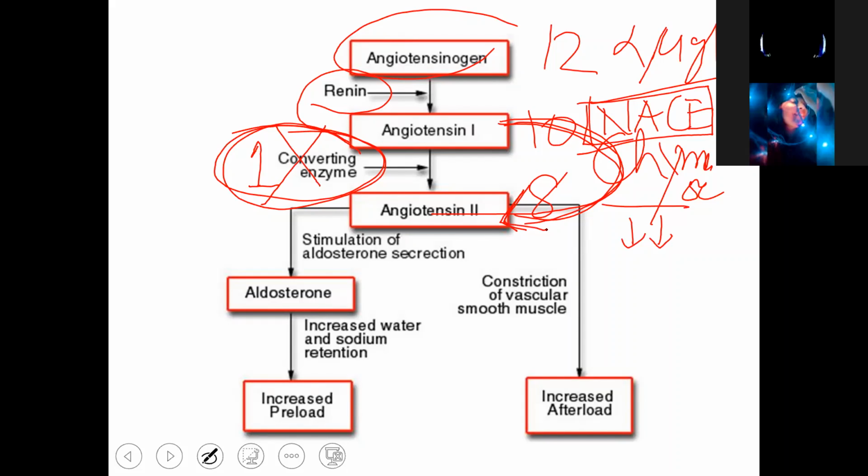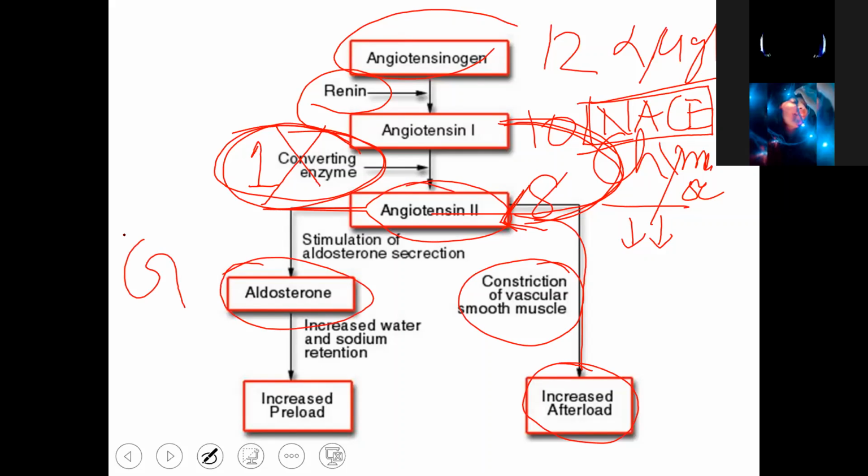It is the most potent, we know it, almost 100 times more potent than angiotensin 1. What it causes is, one, constriction of the vascular smooth muscles, so increased BP, increased afterload. On the adrenal gland, on the adrenal cortex, it is the zona glomerulosa. There are zona glomerulosa, fasciculata and reticularis.